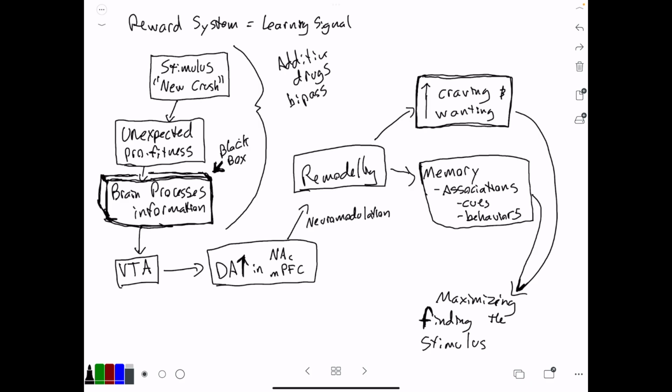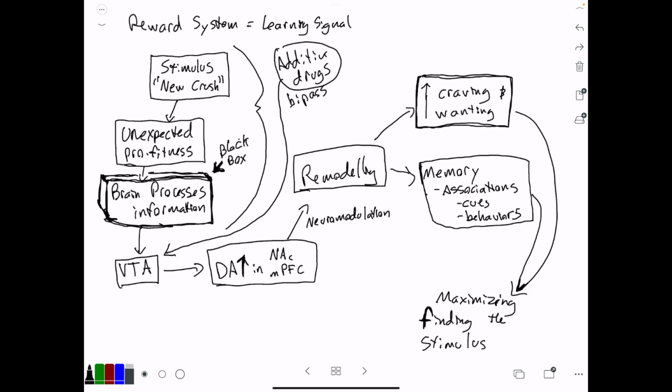And what they do is go straight for the VTA. They directly act on the VTA neurons to increase the release of dopamine, or in some cases they act on the neurons that act on the VTA to increase dopamine. So these addictive drugs bypass the higher cortical brain processing of the information to determine if the VTA gets activated. It just activates the VTA.